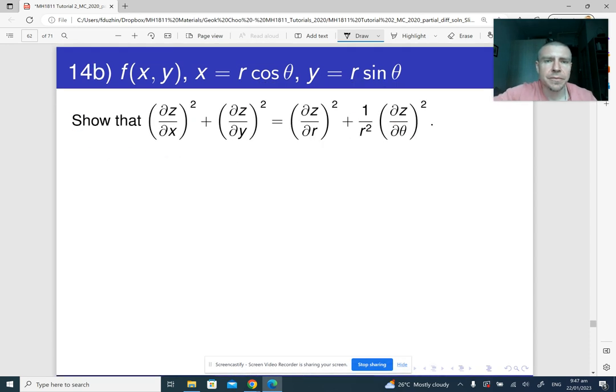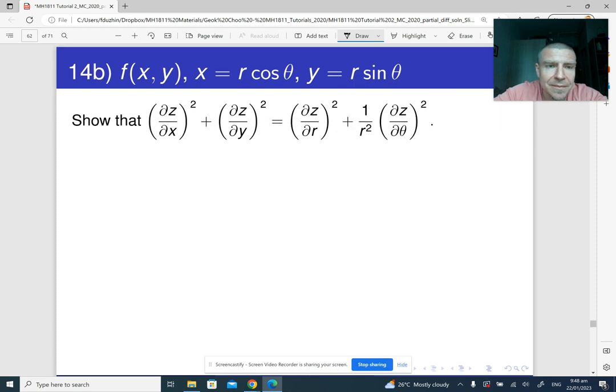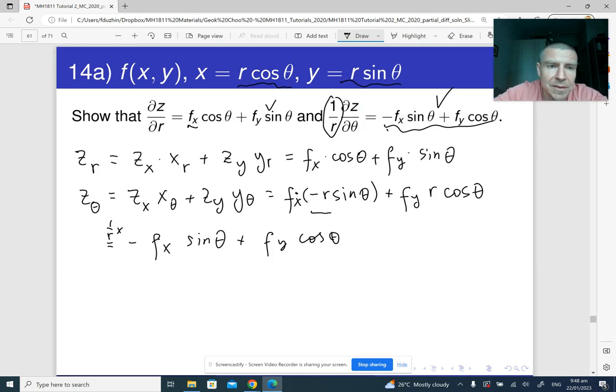Now let's do part B. So part B is zx squared plus zy squared should be the same as zr squared plus 1 over r z theta squared.